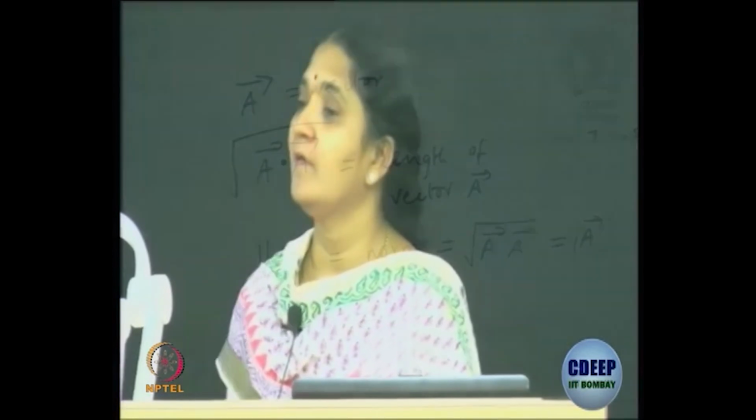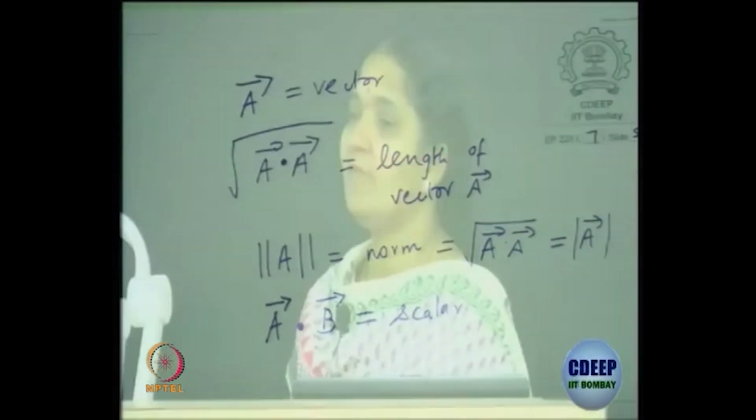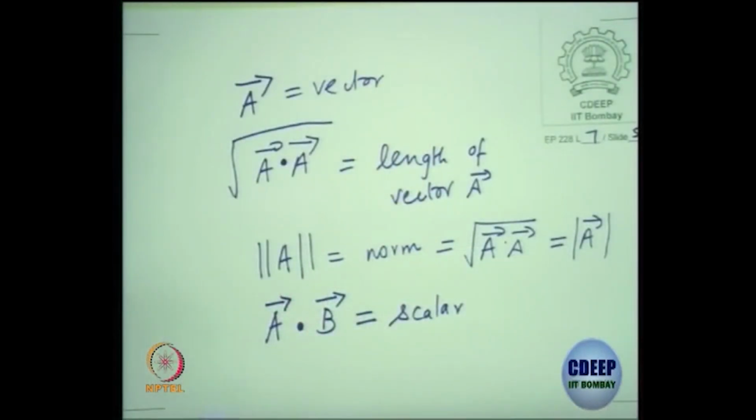So, why is it called a vector? If you do a rotation, then you know how it will transform. Under rotation by some angle about some axis, A will become a new vector, B will become a new vector, but A dot B will remain the same. So, it is a scalar.